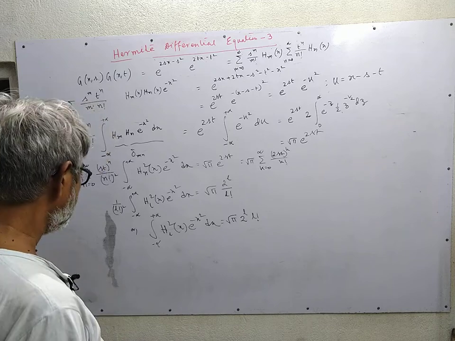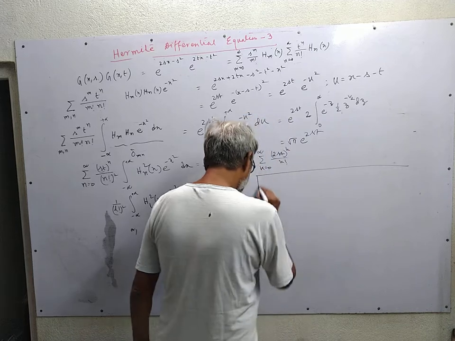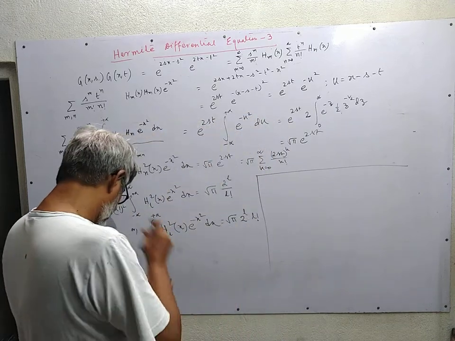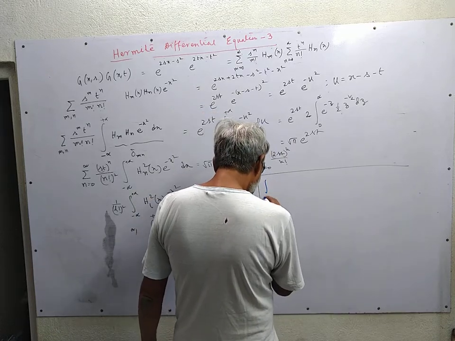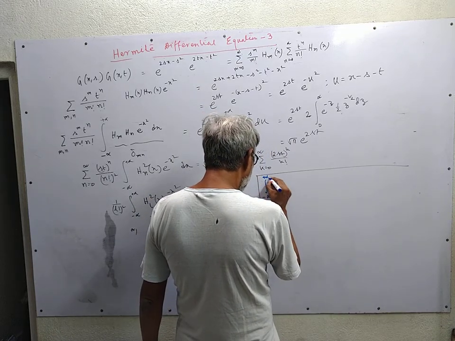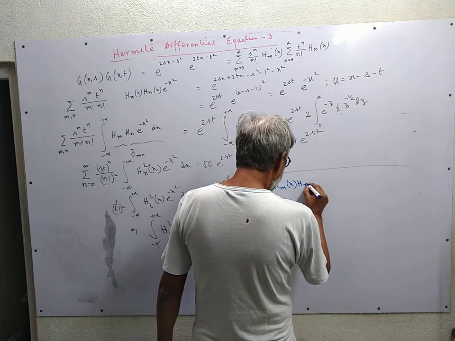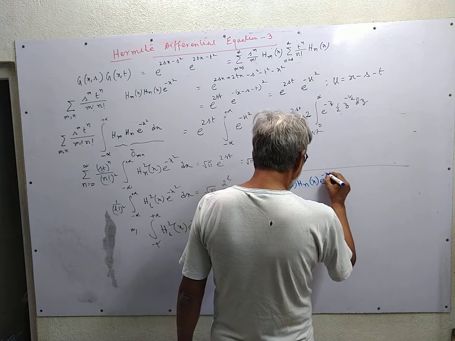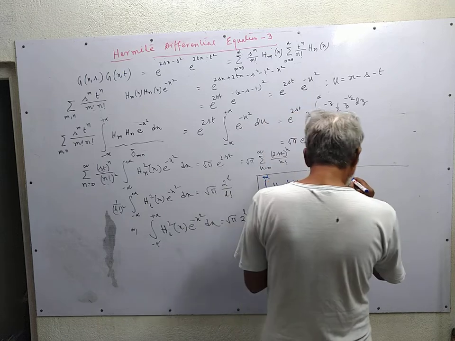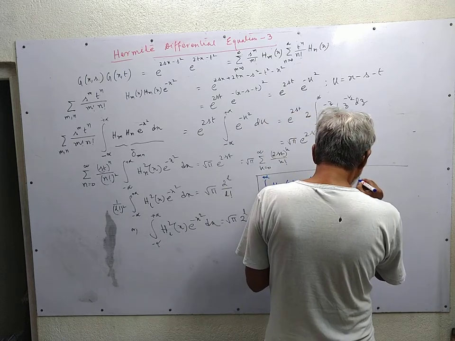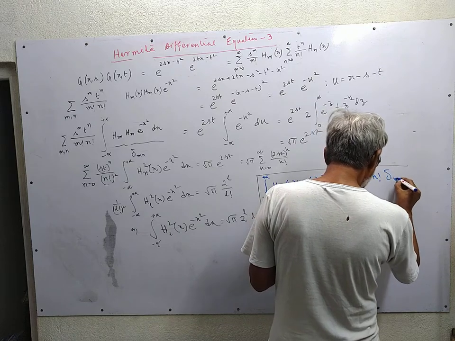So the orthogonality condition and normality condition are clubbed together to get the orthonormality condition of Hermite polynomials, like that. Integrated from minus infinity to plus infinity, H_n of x e to the power minus x square dx is equal to this.